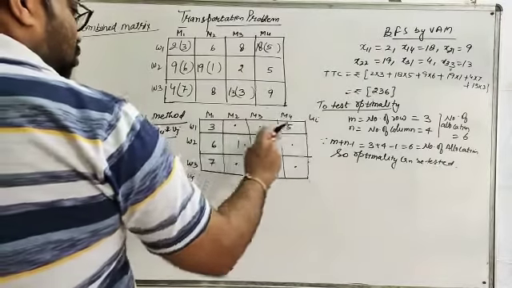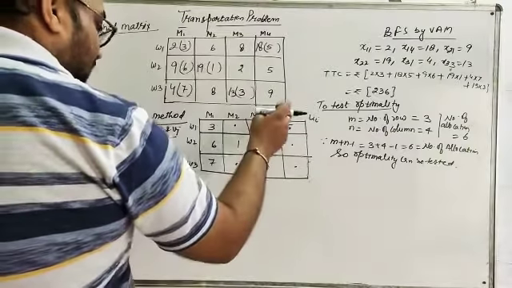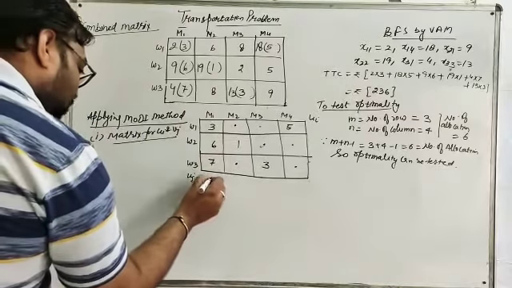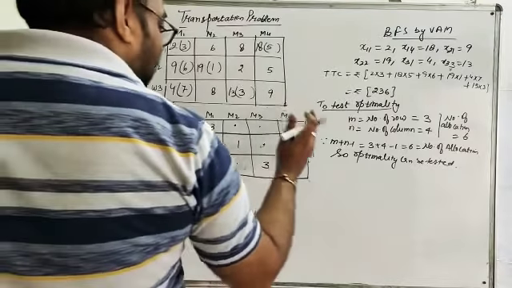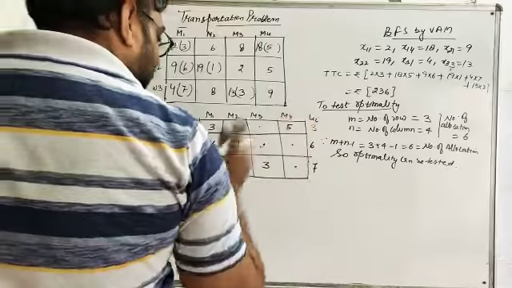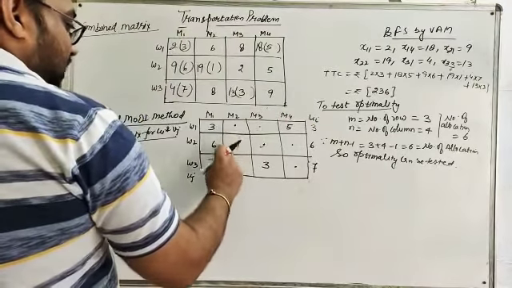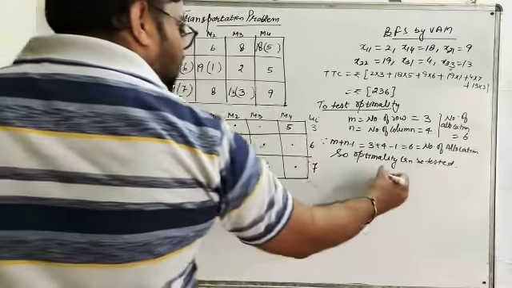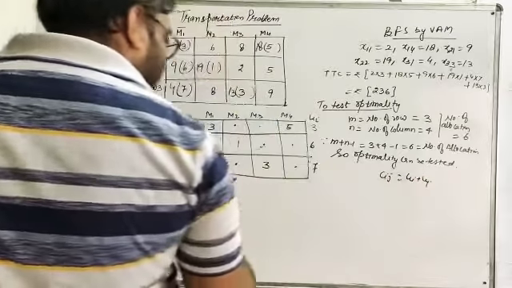This row 2, 2, 2. This column 3, 1, 3, 1, 1. So the maximum is in the first column. So write the corresponding ui or vj as 0, and the rest of the ui or vj remain as they are, that is 3, 6, 7. Now calculate this vj. For this vj, this is the element, and for this ui is 6. So from the formula Cij equals ui plus vj, we can calculate it.